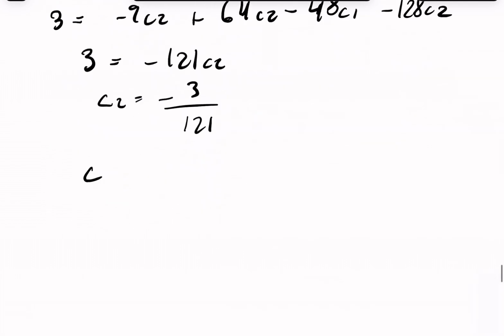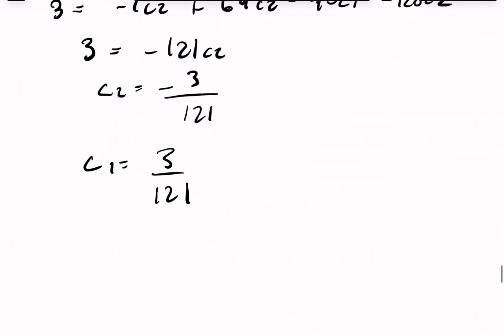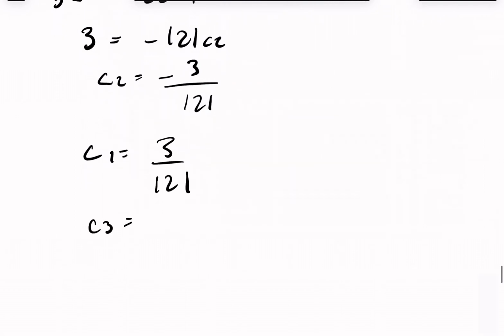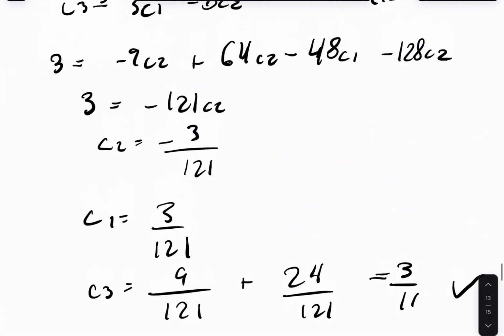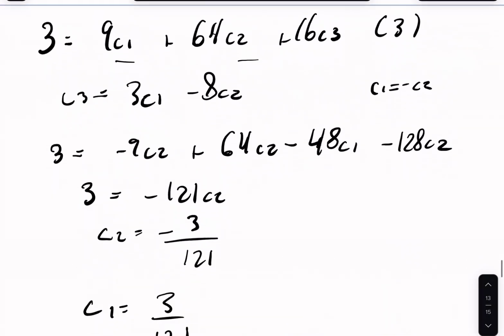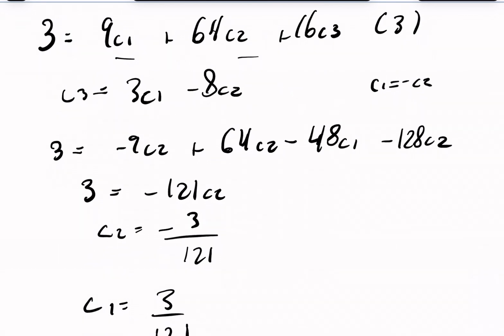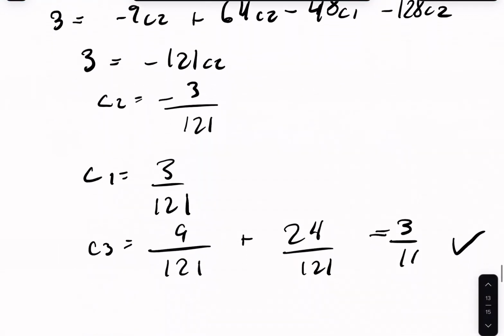And if C1 equals negative C2, then C1 equals 3 over 121, and C3 equals 9 over 121 plus 24 over 121 equals 3 over 11. And when you plug those in, that is the correct answer. And I solve for C3 from this equation. Okay, awesome.